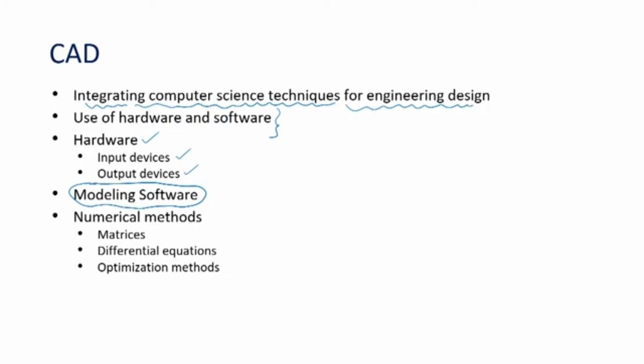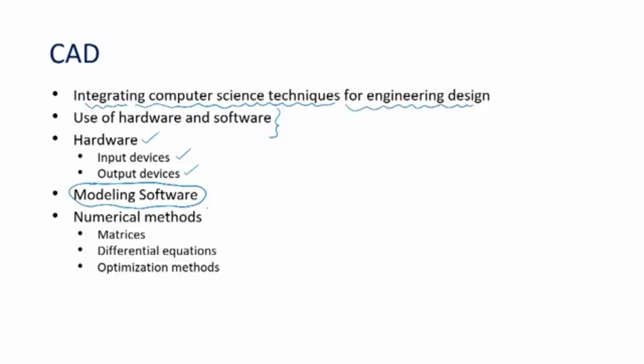Modeling software is an integral part of the CAD CAM system. The software is a group of programs which helps us to carry out the modeling and analysis of the 3D models. Then there are a lot of techniques or methods which are being used, which are mathematical techniques such as matrices, differential equations and various optimization methods.